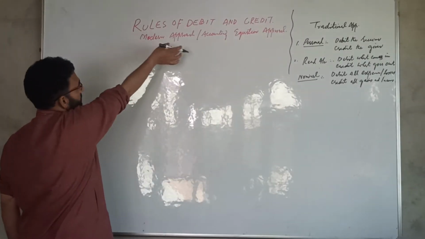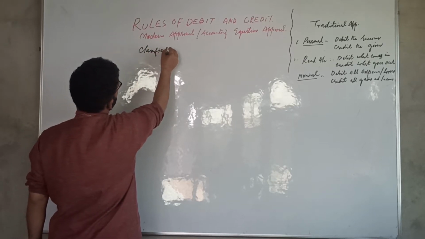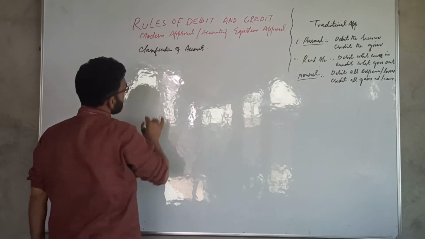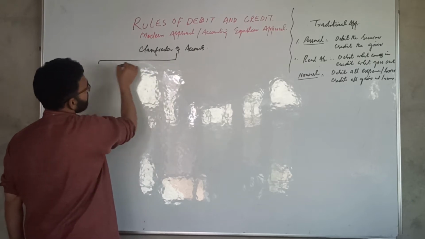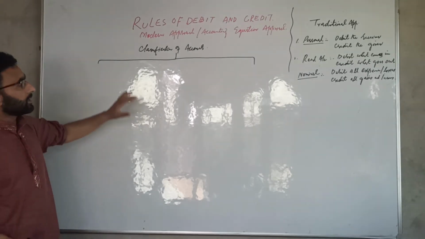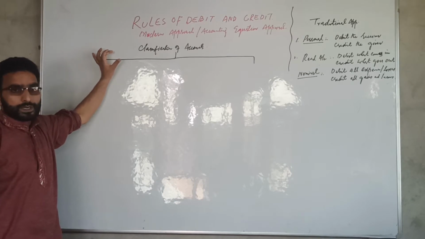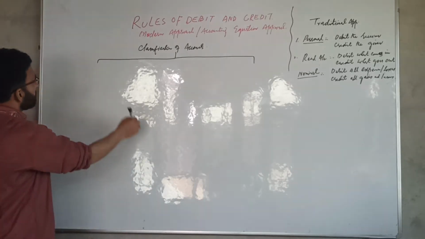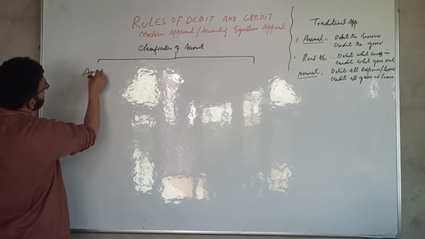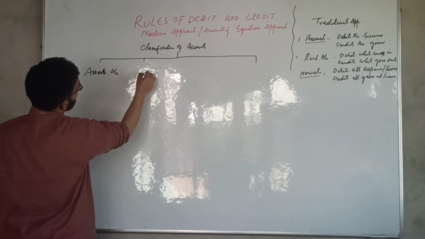Now, first we will classify the accounts. Classification of accounts as per the modern approach: we have 5 heads. All the accounts of the business transactions as per the modern approach are grouped into 5 heads. Number 1 is assets, number 2 is liabilities.